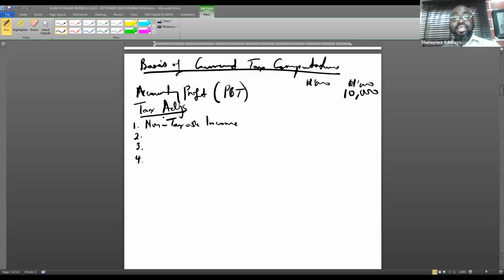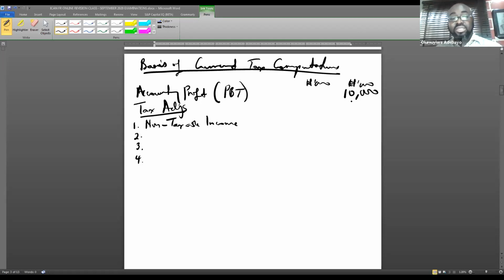That is, some income has been recognized in this 10 million which is not taxable, either by being totally exempted from tax, or because it will be taxed in the future when the income is actually received, or the income has already been taxed prior to now based on the principle of cash basis.